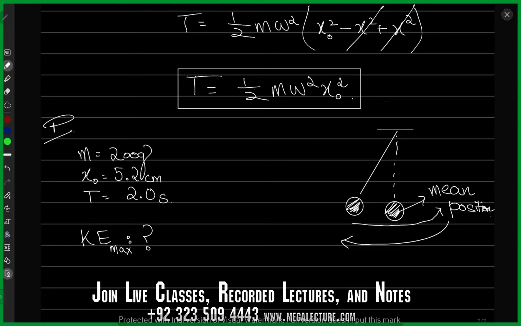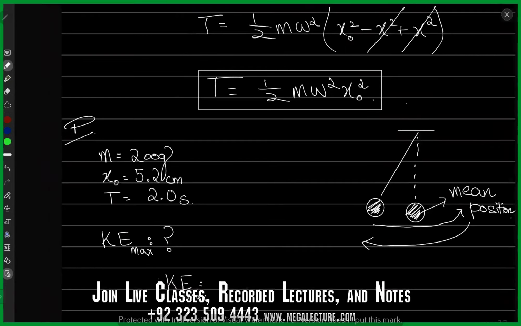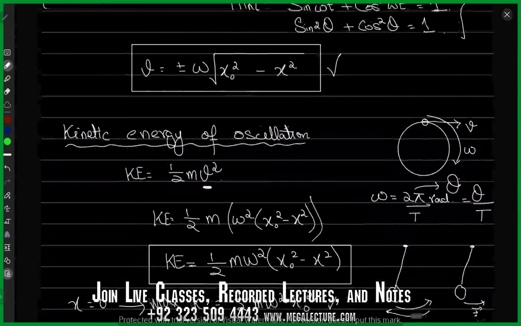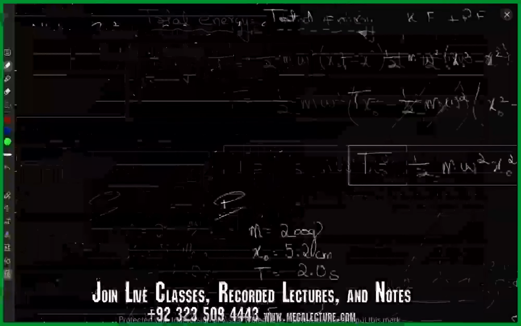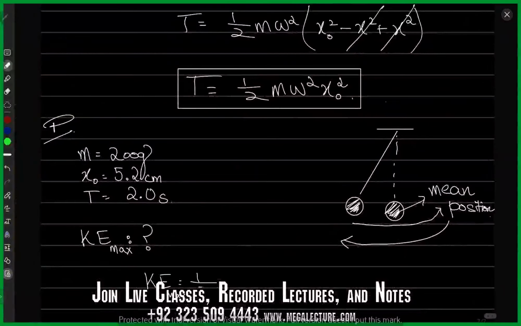Now, let's try to find that. We can find it from the expression for maximum kinetic energy. If you go back, we wrote it down as half m omega squared x naught squared.